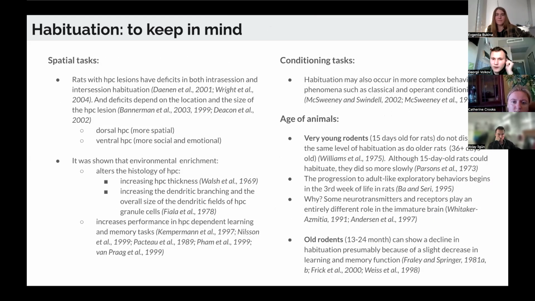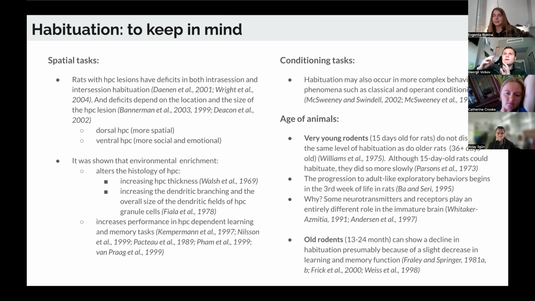So I was a little bit confused by these two facts. We know that young rodents have lower levels of exploratory behavior, but then we say that the habituation itself is worse in them. I could not understand how this is connected.